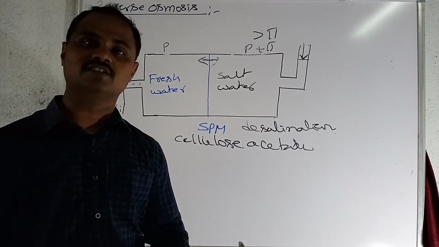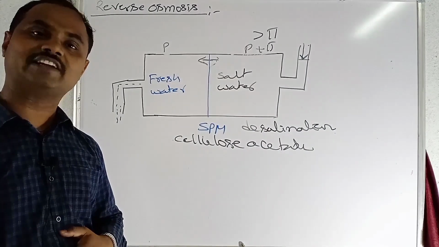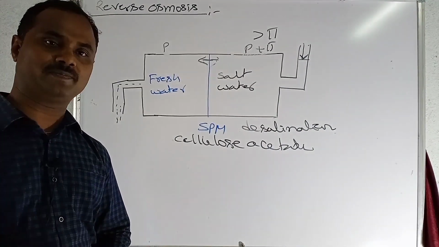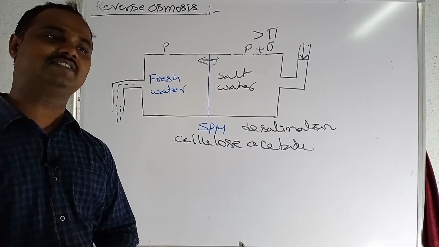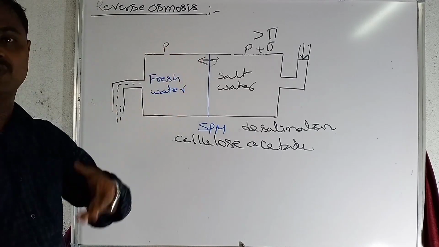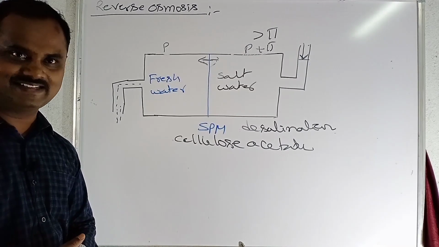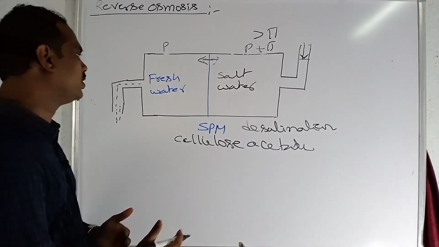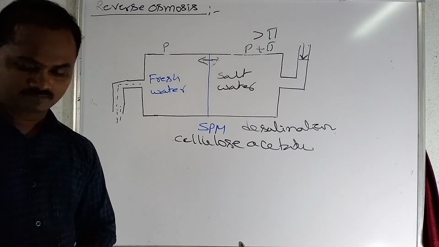In many countries, sea water is converted into fresh water for agriculture purposes using RO. Nowadays, even in our houses we use the reverse osmosis process, simply called an RO system or RO plant. Is it clear? In an RO plant, salt water is converted into fresh water.